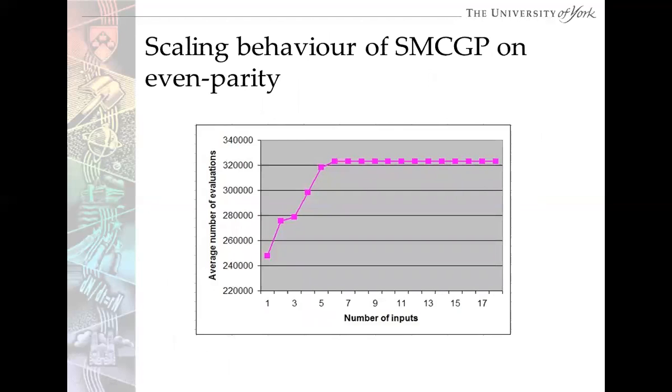This is a very interesting graph. It shows you how many evaluations it took to solve a particular parity problem as a function of the number of inputs to the parity.